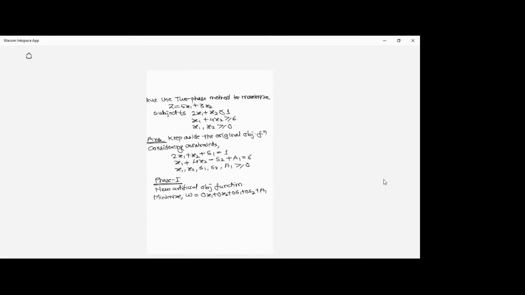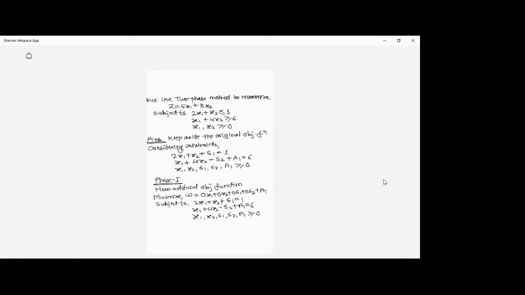The artificial variable will have 1 as a coefficient. And again, the constraints remain the same as we have written earlier, that is subject to 2x1 + x2 + s1 = 1, x1 + 4x2 - s2 + a1 = 6, and x1, x2, s1, s2, a1 ≥ 0.